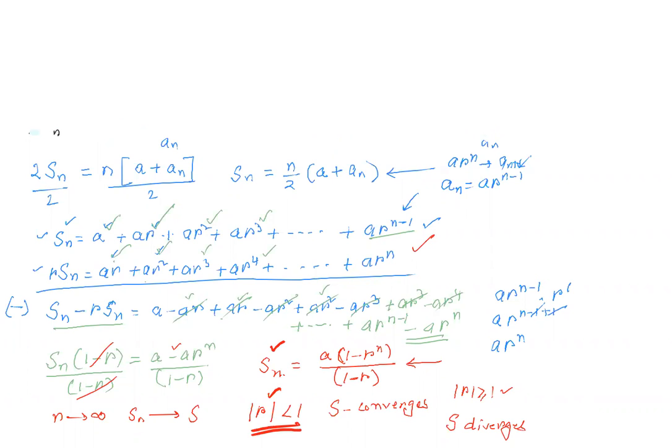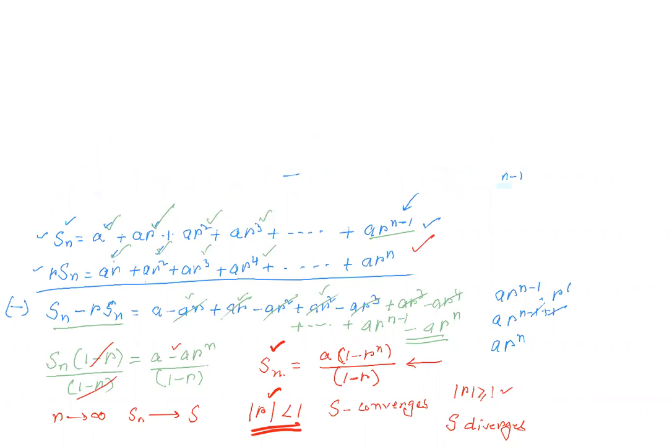So here is something that I want you to think about. Think of the number 1/2 to the power n. If n is 1, it's just 1/2. If n is 2, it's 1/4. If n is 3, it's 1/8. Do you see that? Because 1/2 with n equal to 1 is 1/2, then 1 over 2 square, 1 over 2 cube. Next one is going to be 1 over 16, 1 over 32.